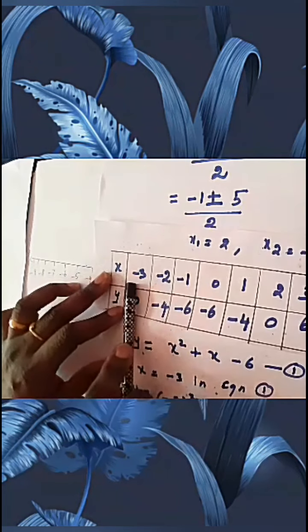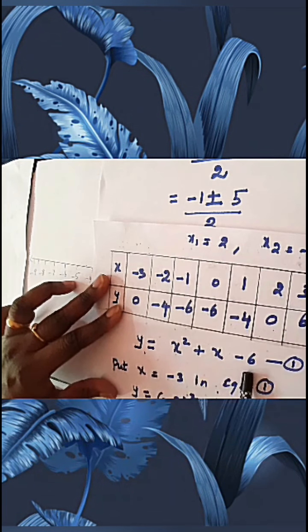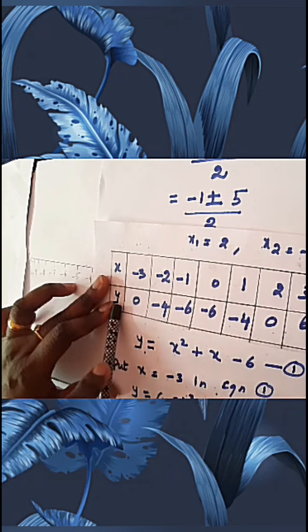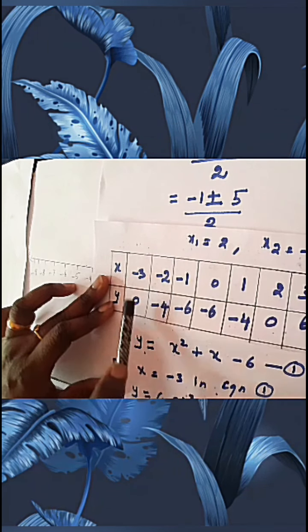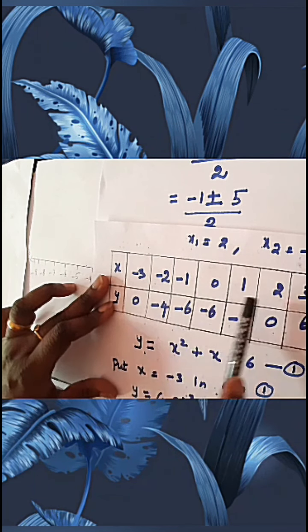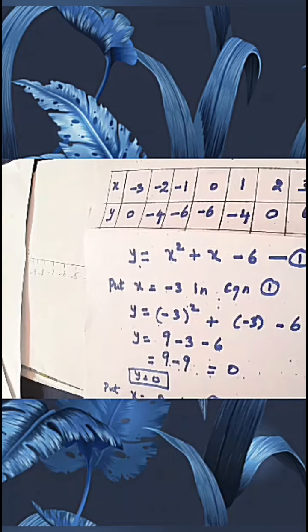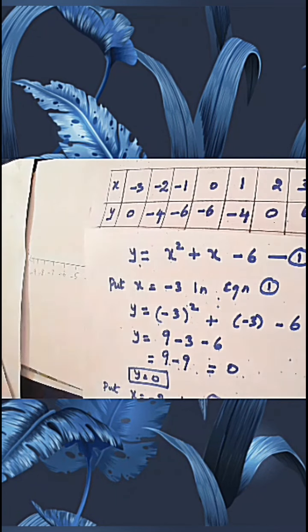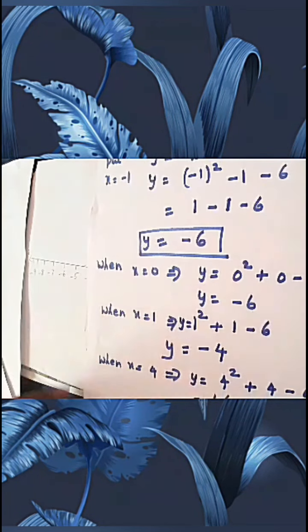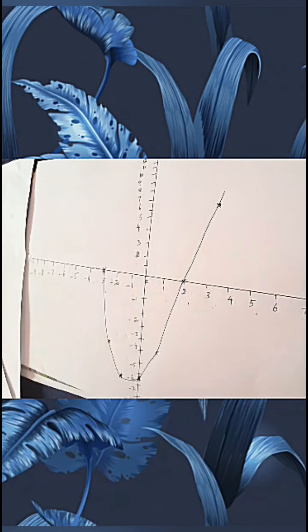Okay, and when x is negative 3, we have to substitute in this equation to get the value of y, and we found the value of y by substituting each x value in this equation. Got it? And we made a tabular column like this, right? And finally, using the tabular column, we made the graph.